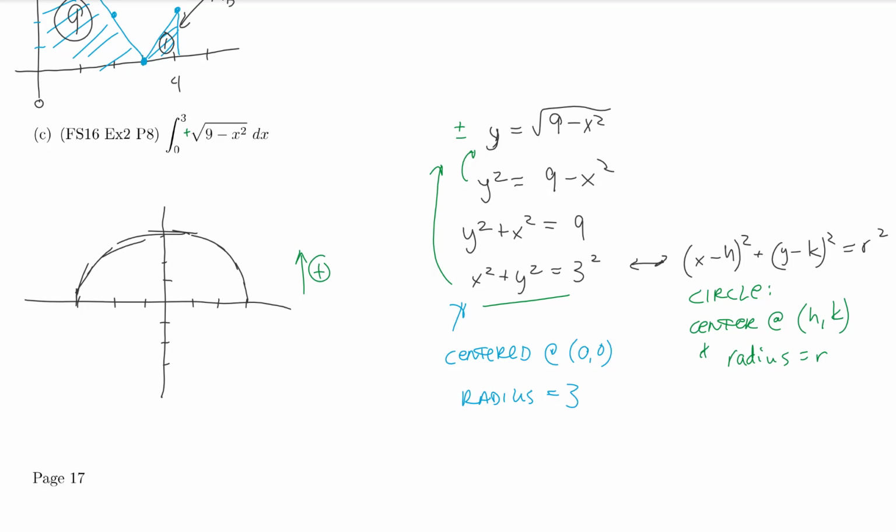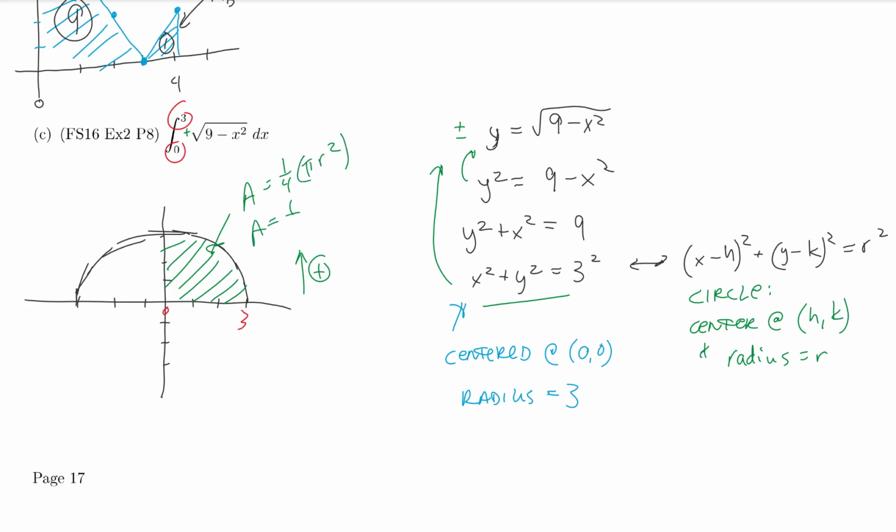And now what we need to do is find the area from 0 to 3, which is this area right here. That is a quarter of a circle, and a circle has an area of pi r squared.